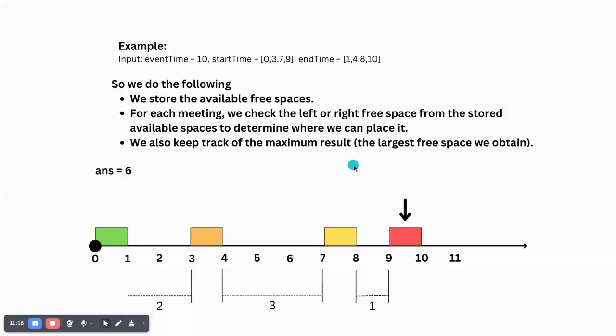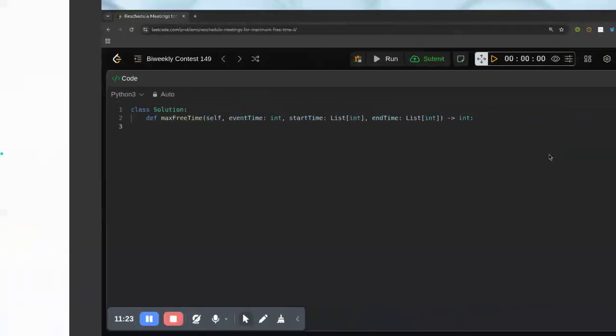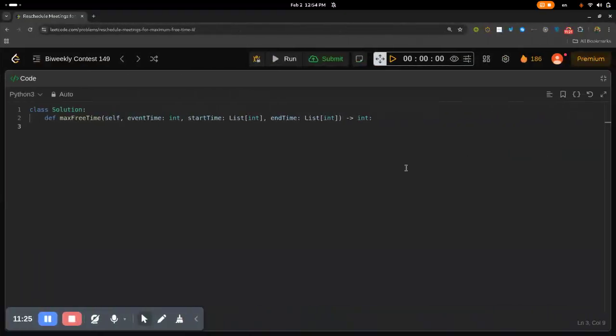So maybe this is going to be clear when we code it up. Let's do that. So let's just start, and our answer is going to be 0, and we are going to return that. And we are going to have spaces. This shows the free space, and we start by the beginning start time.